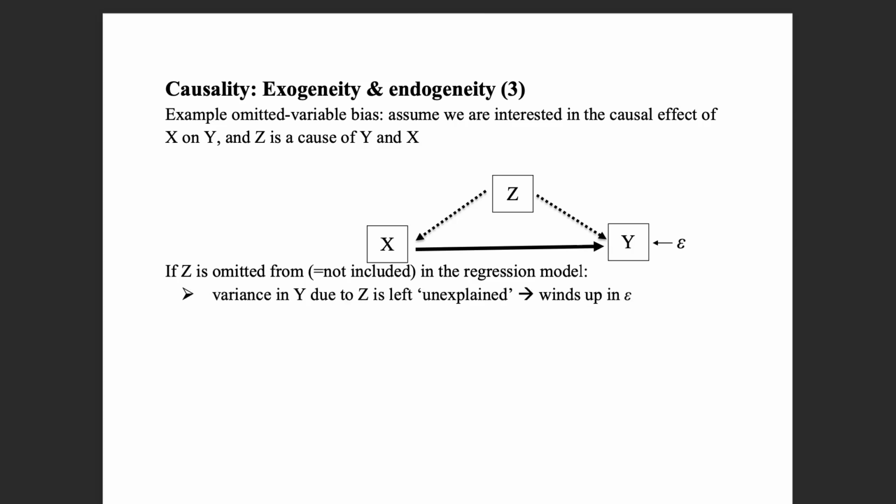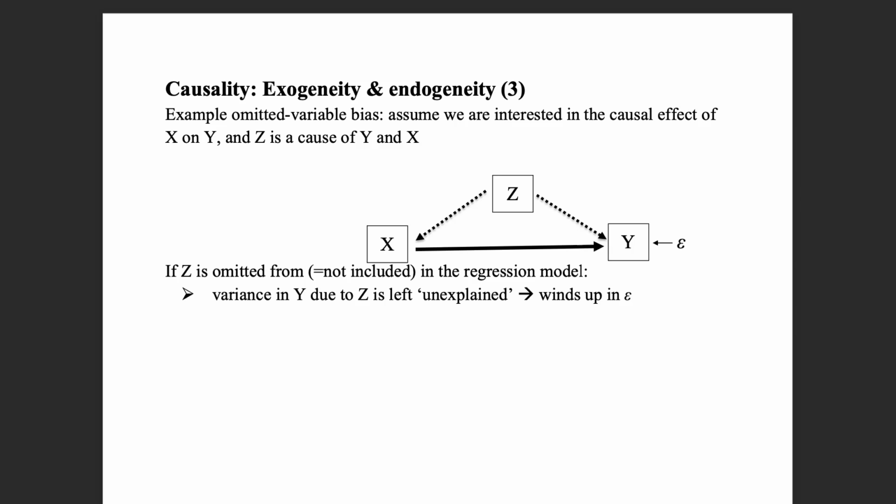One thing to note is that because we are not including z in our regression model, the variation in y that is due to differences in z, so the variation in the confounding variable, is now not explained. It's unexplained variation in our model because we are not including z in making predictions about our dependent variable. So where does that variation go? Well, that variation then winds up in the error term, right?